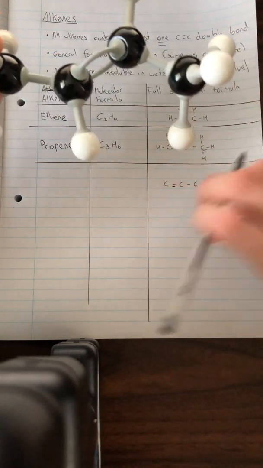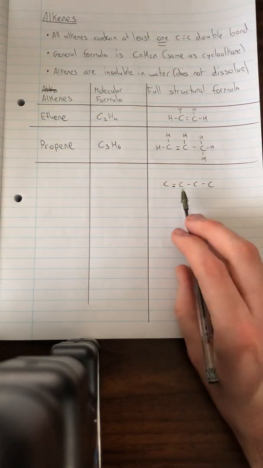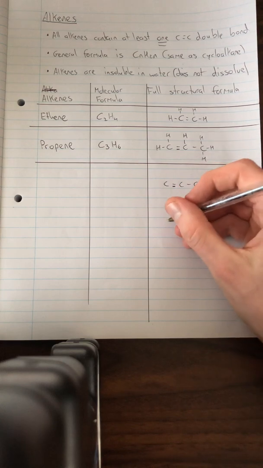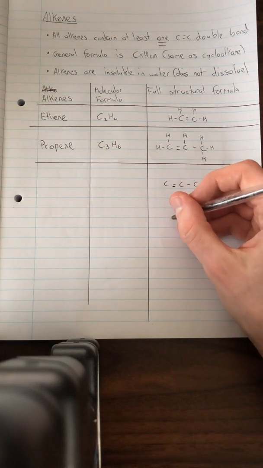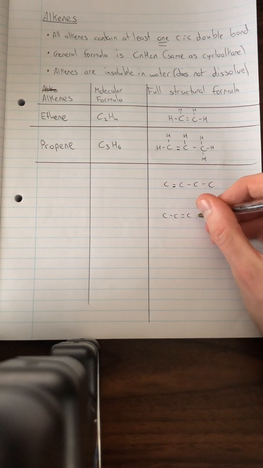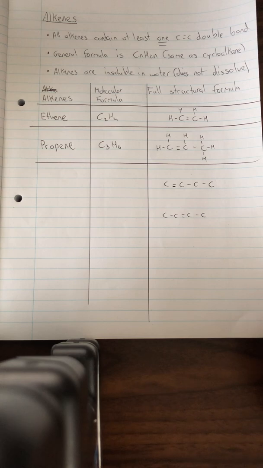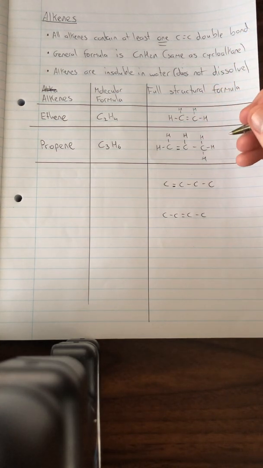So not only can we have a carbon to carbon double bond there or there, we could also put it there, but we would need to draw that out. So that becomes like that.